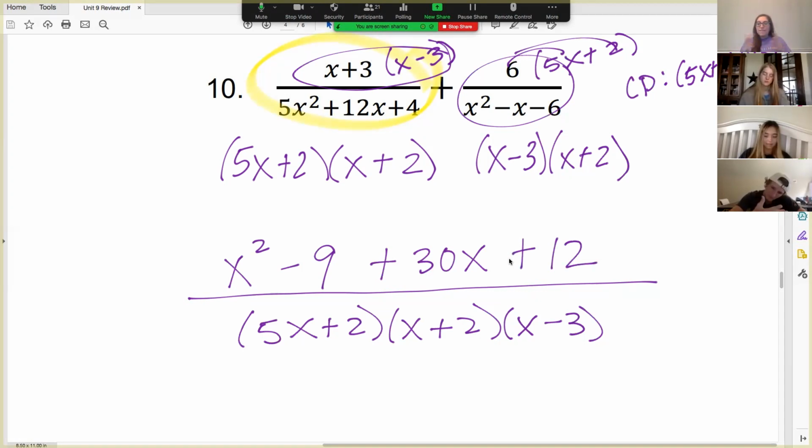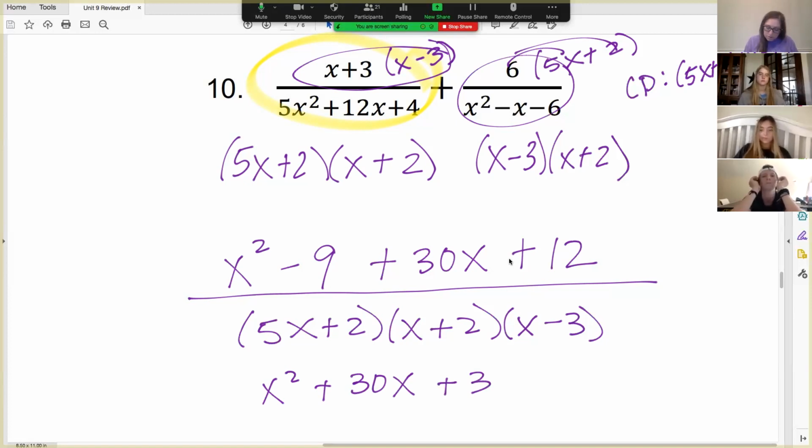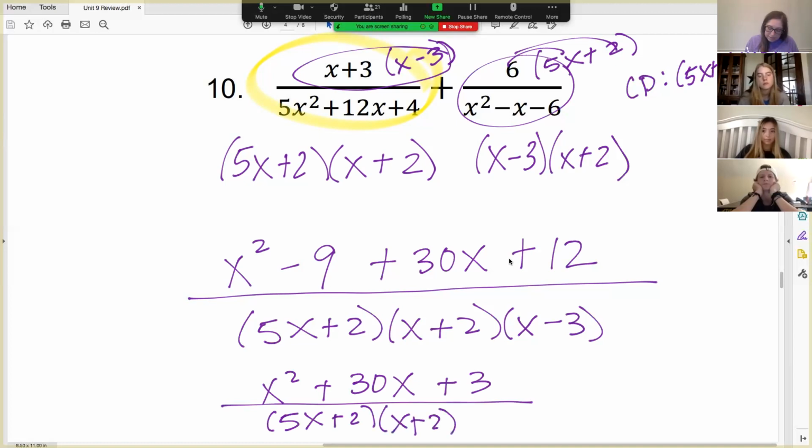And then once I have that, my final step is to simplify the numerator. So all I can really do is combine the negative 9 and the 12. And leave the bottom as is. And then I look and see, is there anything I can do on the top? I can't factor it, so I'm finished.